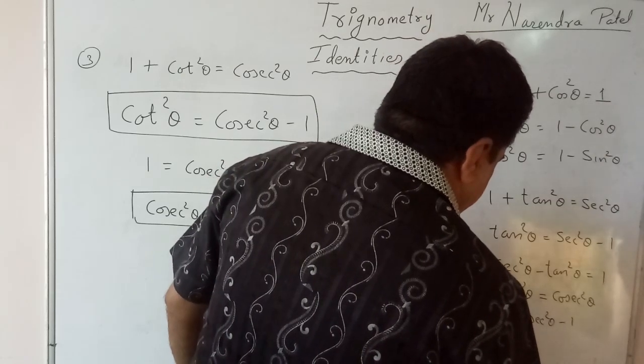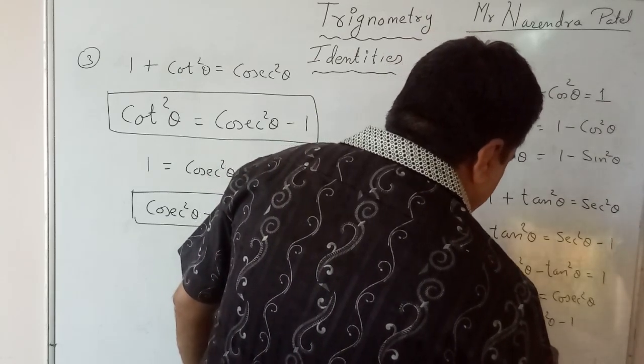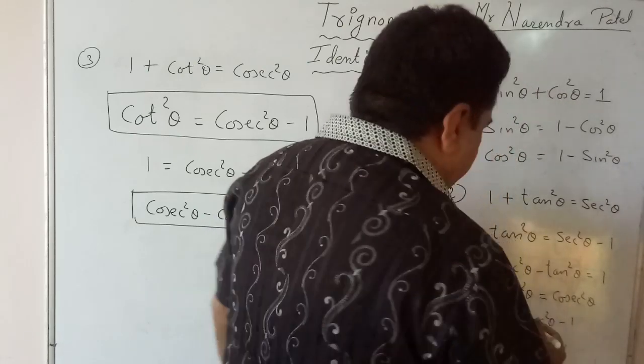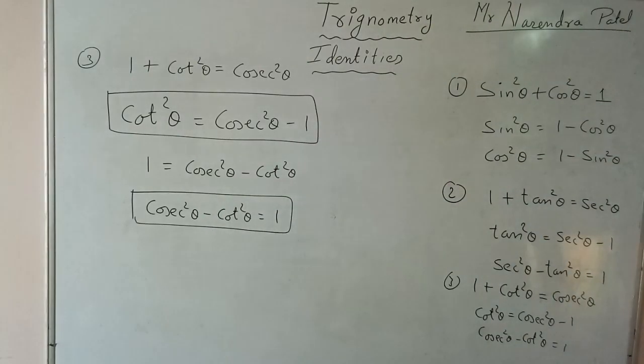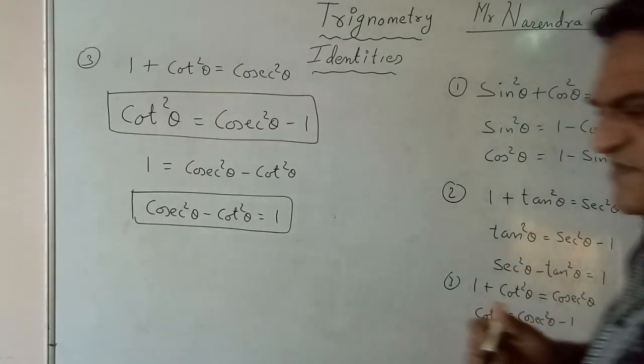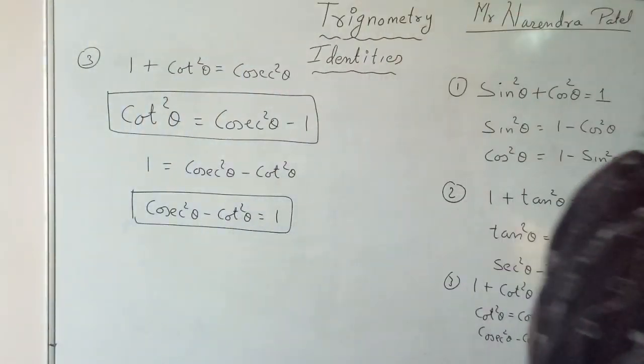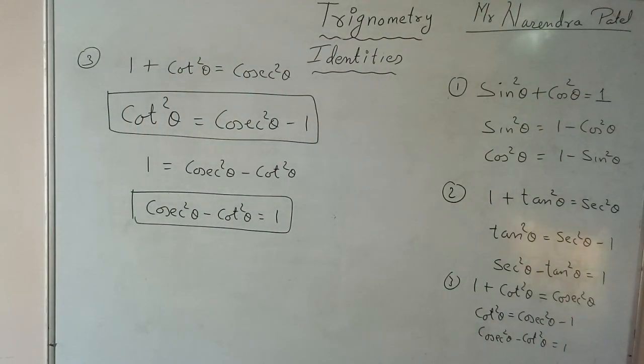Another is cosec square theta minus cot square theta is equal to 1. These are all identities. You have to prepare them and write them without looking here, so that you can use these identities in doing the sums.